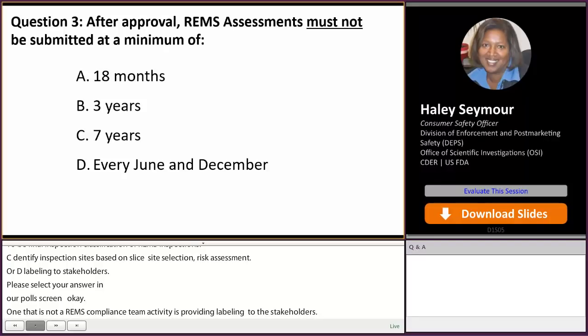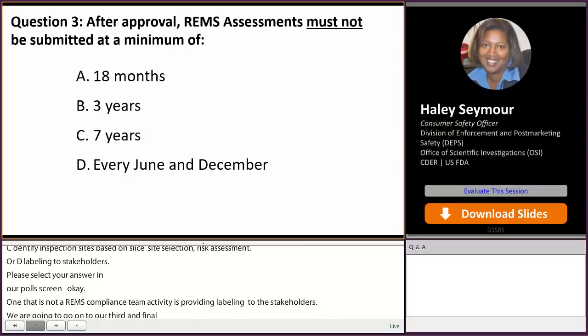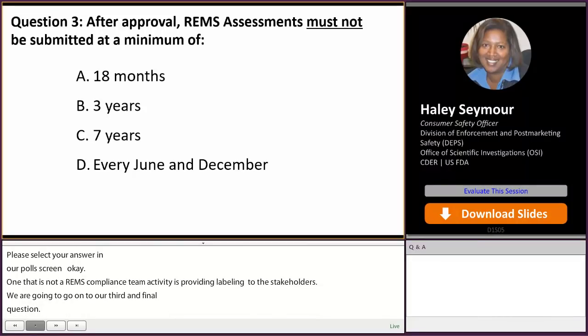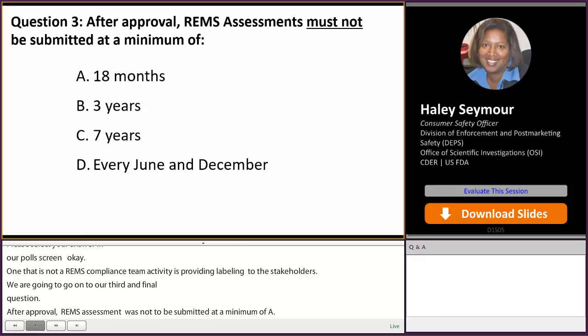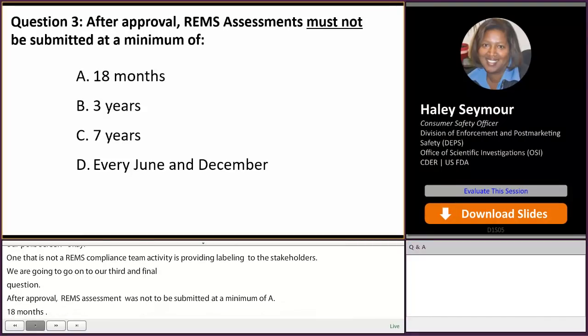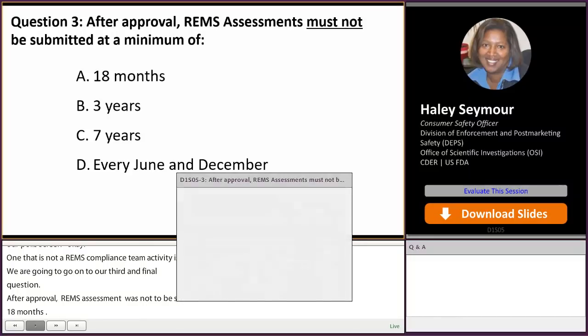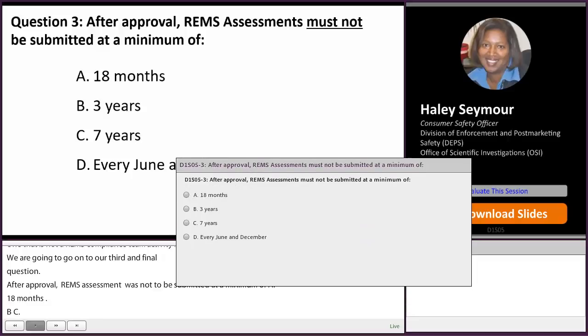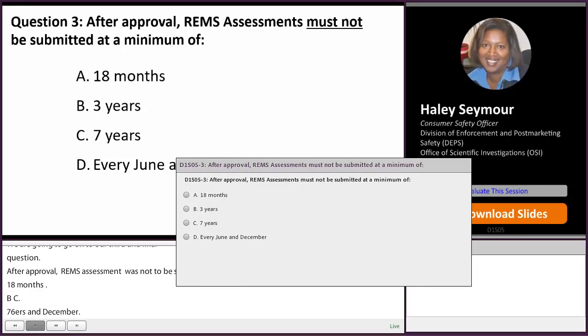After approval, a REMS assessment must not be submitted at a minimum of A, 18 months, B, 3 years, C, 7 years, or D, every June and December. Okay, please select your answer in our poll screen.